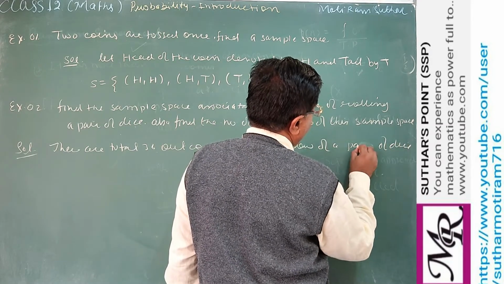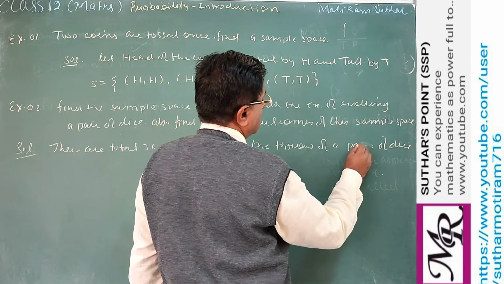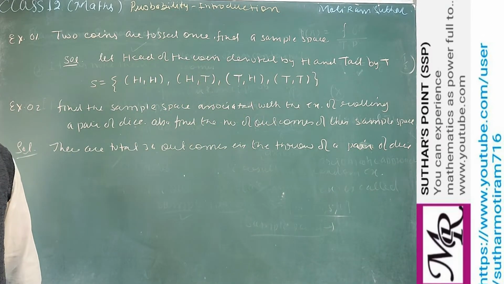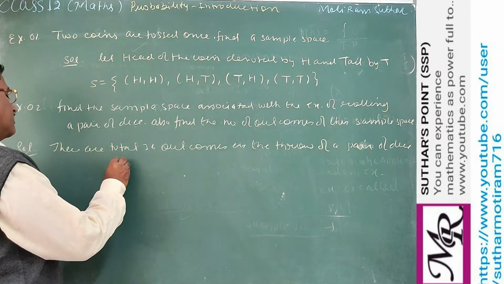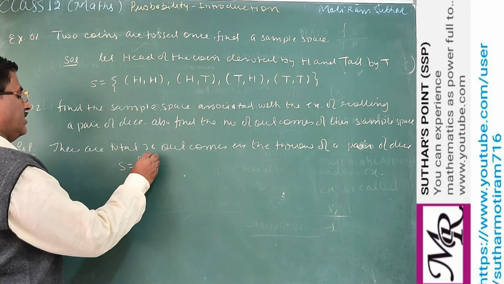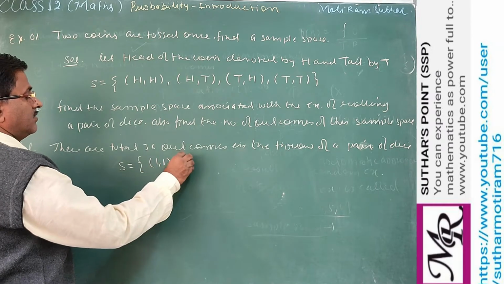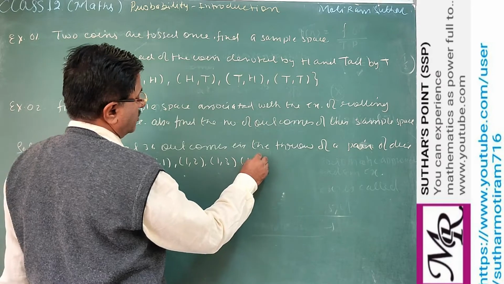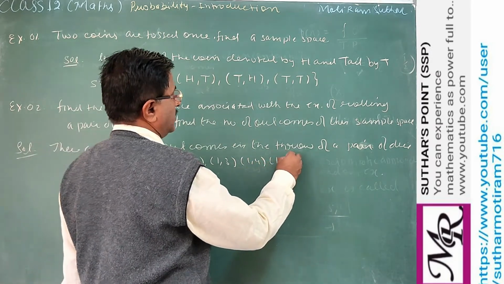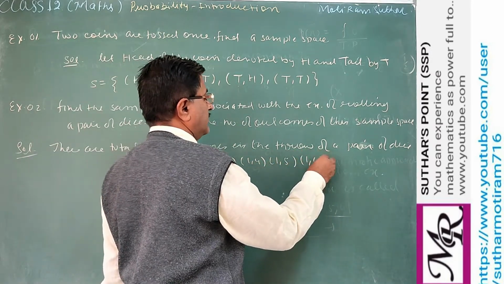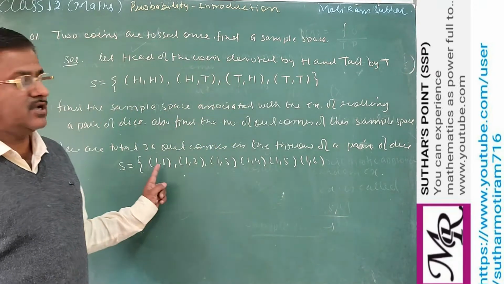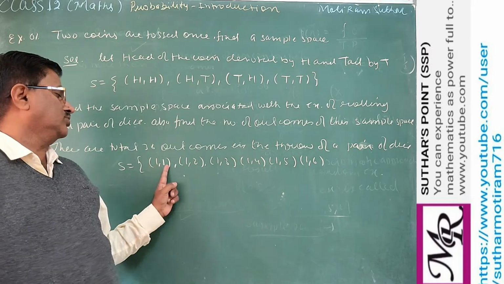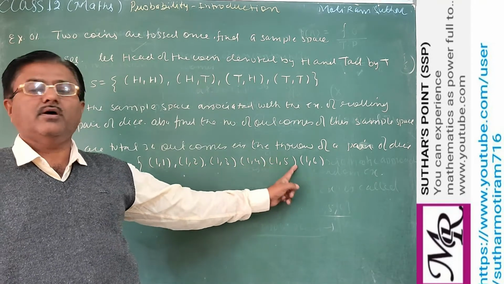So what possible outcomes does the sample space contain? It may be 1 1, 1 2, 1 3, 1 4, 1 5 and 1 6. Means the first dice shows 1 in each case, and the second may show 1 or 2 or 3 or 4 or 5 or 6.